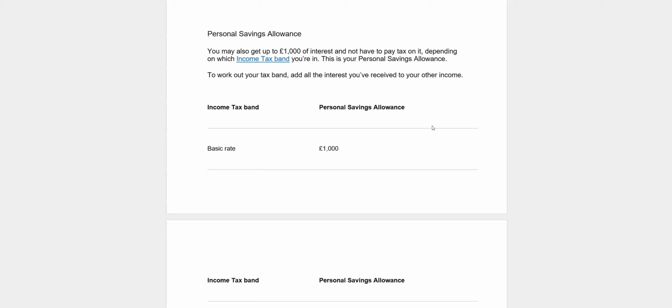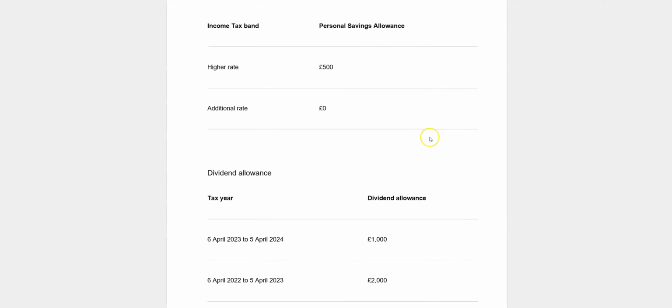You don't pay any tax if you are a basic rate taxpayer. If you are a higher rate taxpayer, that means your income is more than 37,700, then you only get a 500 allowance. If you are an additional rate taxpayer, for example if your income is more than 125,000, then you don't get any allowance, you get 0 only.